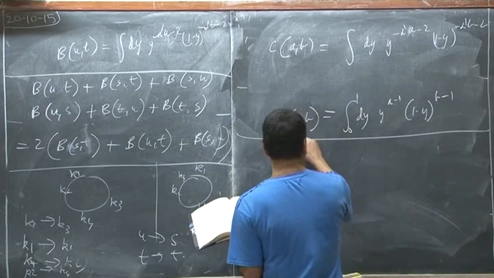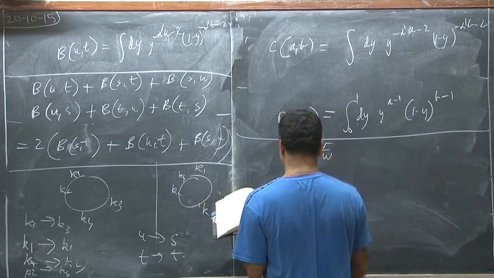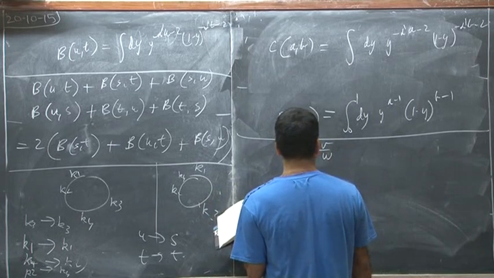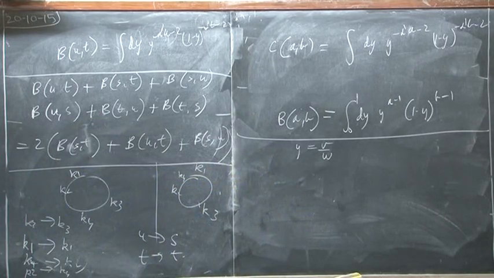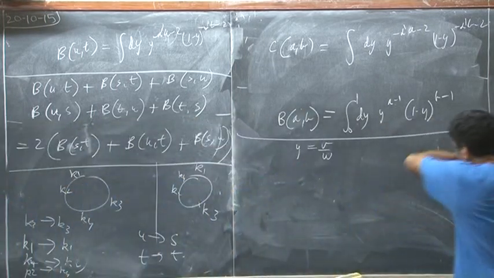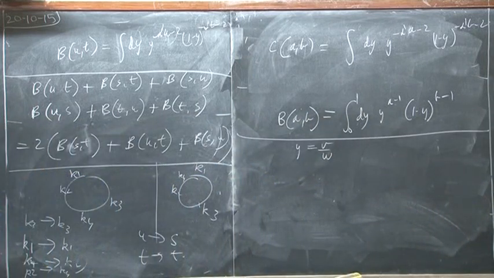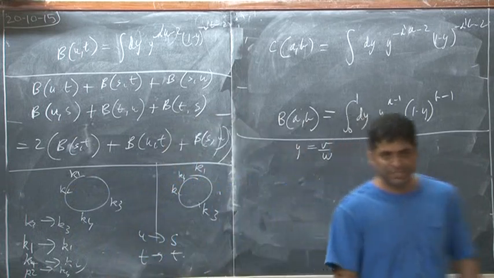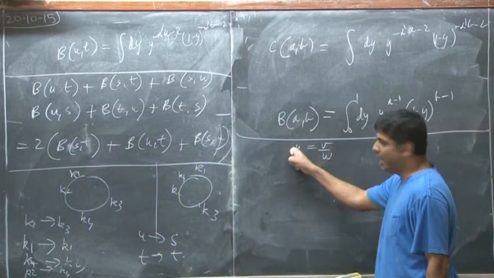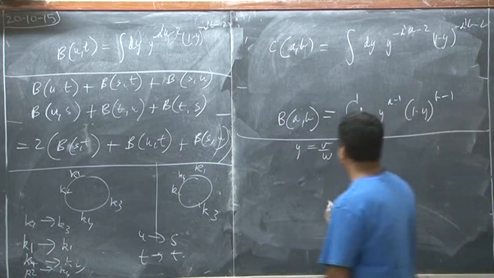Suppose we define y is equal to v by w. We treat w as fixed and v is the integration variable. So we're just doing a variable change. So y is v by w, v is the integration variable, and w is fixed. Okay? So what do we find?